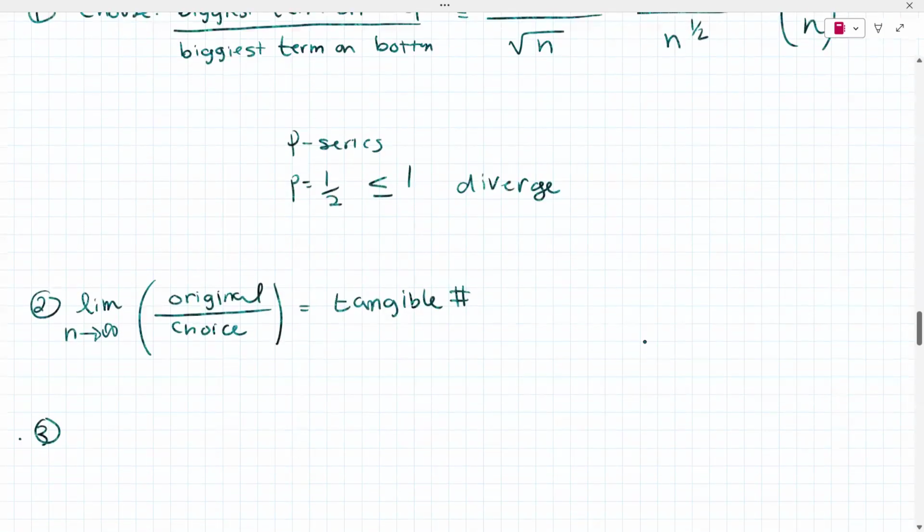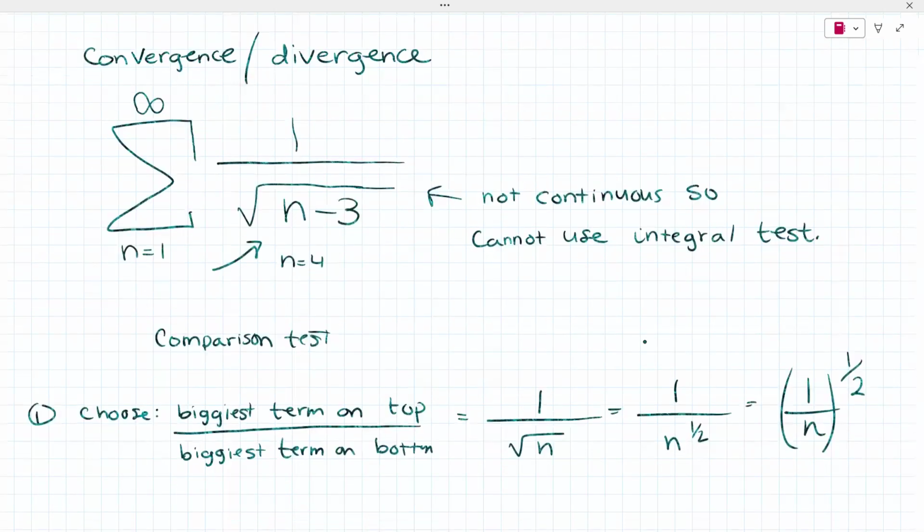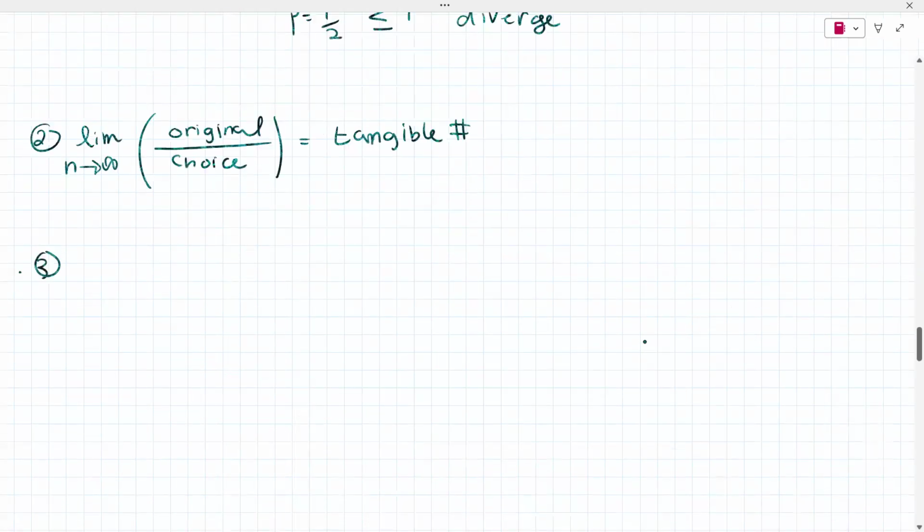Not 1, because if you plug in 1 - 3, that's not even real. But if you made n equal to 4, I believe it could be continuous, right? So let's pretend n is equal to 4.